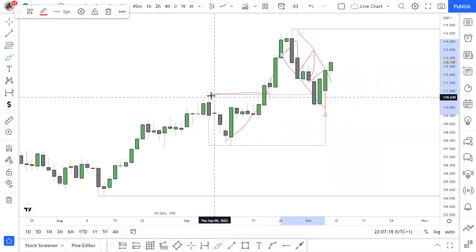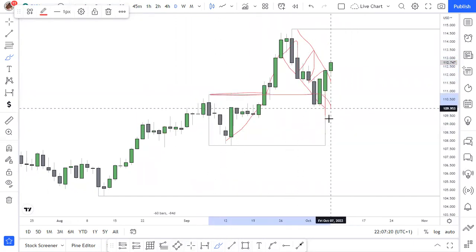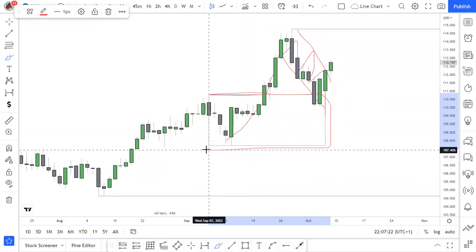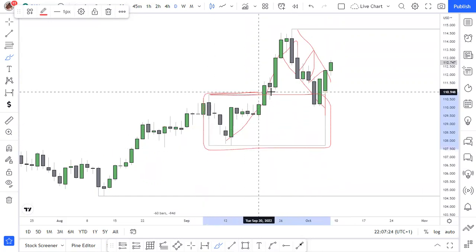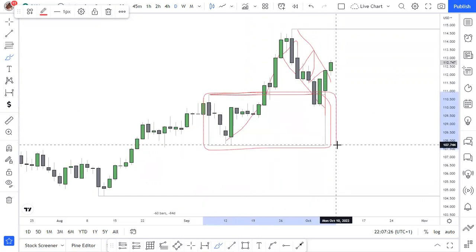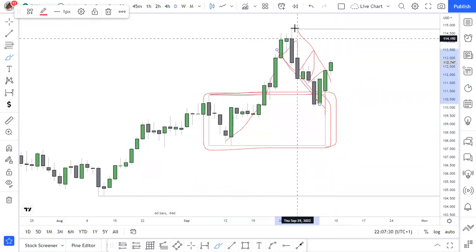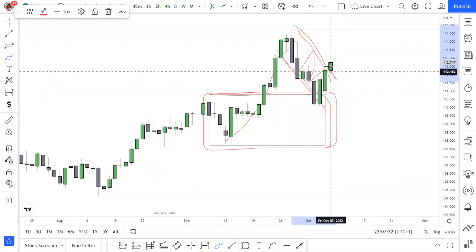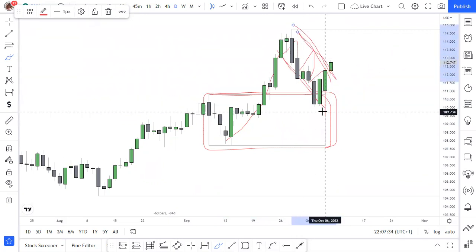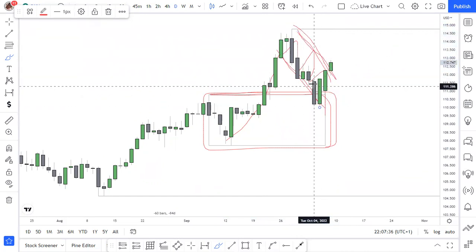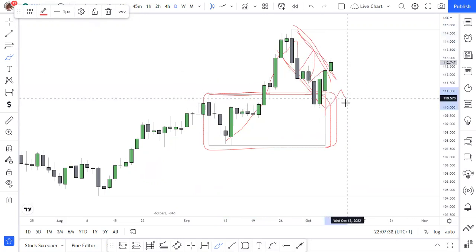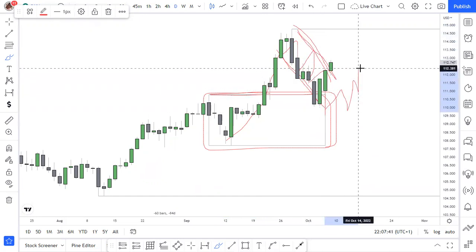So even if price pulls back into this demand zone here, we want to see the 4 hour time frame structure change from being bearish, because this pullback here is actually a bearish market structure on the 4 hour. So we want to see price break that bearish structure. We want to start seeing some kind of bullish structure.